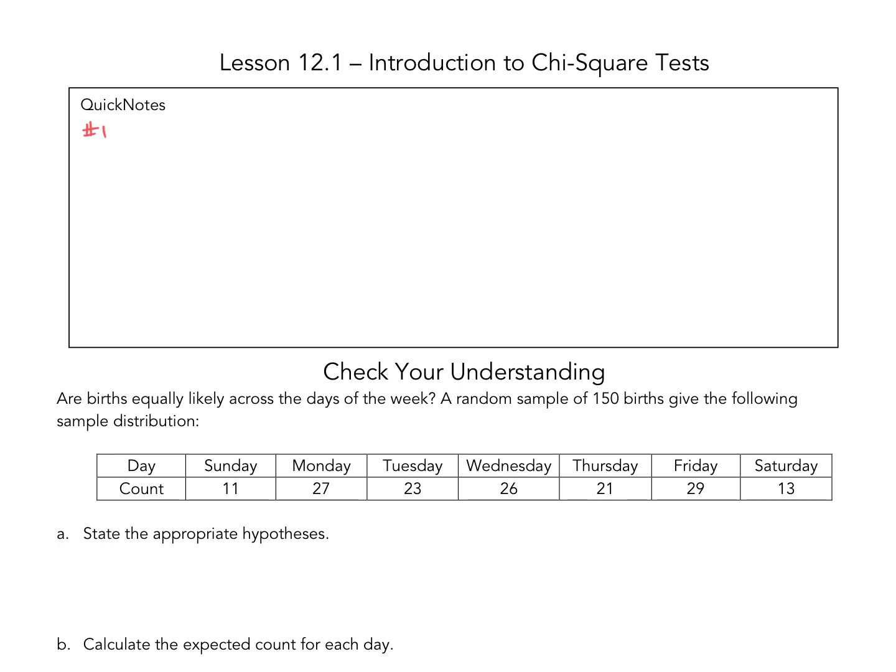First thing we need to know is how to write the hypotheses. So what we are doing is called a chi-square goodness of fit test.